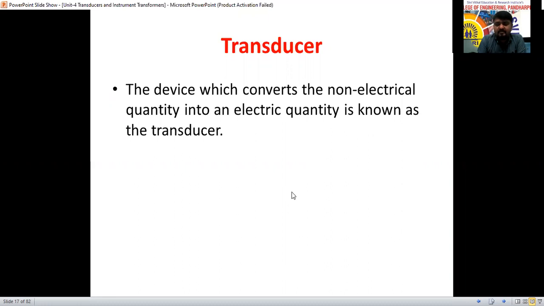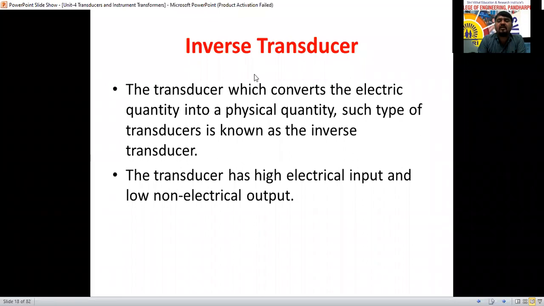Can anyone say? Electrical to non-electrical. The non-electrical may be mechanical or physical. So the inverse transducer is one which converts an electrical quantity into a non-electrical quantity, which may be a physical quantity. Such a transducer is known as an inverse transducer. The transducer which converts the electrical quantity into a physical quantity, physical being non-electrical, is known as an inverse transducer.